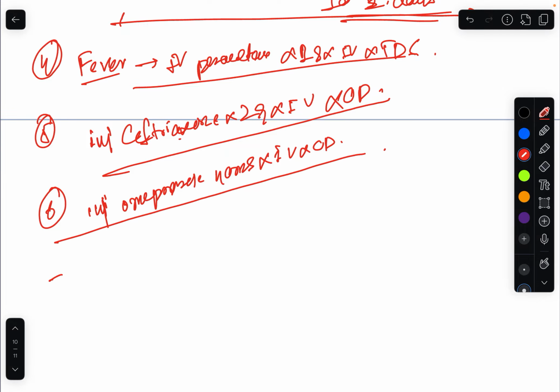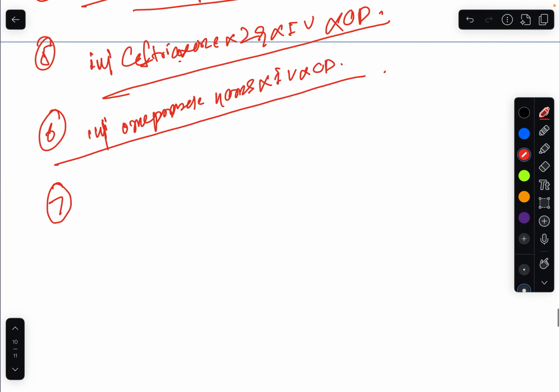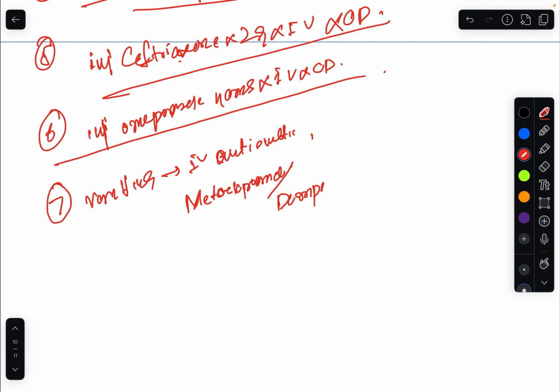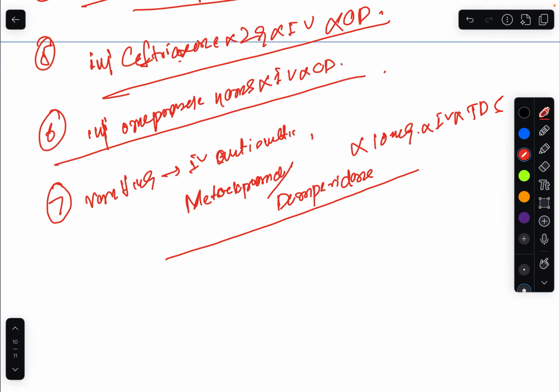If the patient is having seizure, the seizure protocol can be followed. If the patient has vomiting, we can give IV antiemetic like metoclopramide or domperidone TDS. If the patient has developed AKI, then we can move toward dialysis.